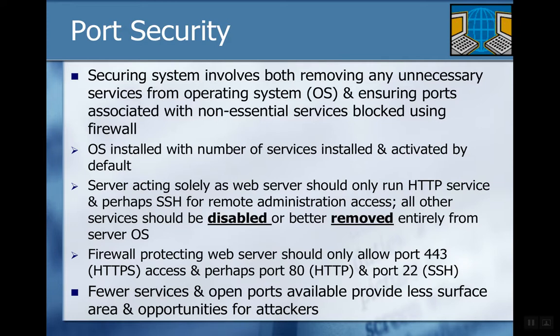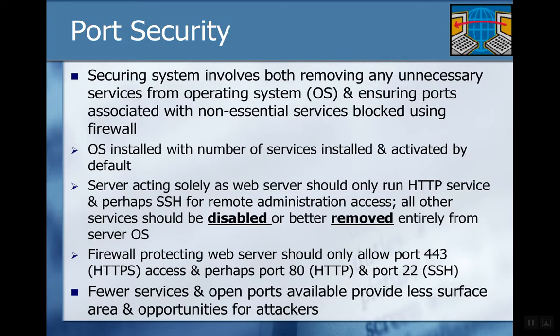So, for example, a server acting only as a web server should only run HTTP and SSL, and every other protocol should be disabled or removed from the OS. So you want to look at the functions. What does this machine do? What protocols does it need? Only enable those, and then take everything else off.